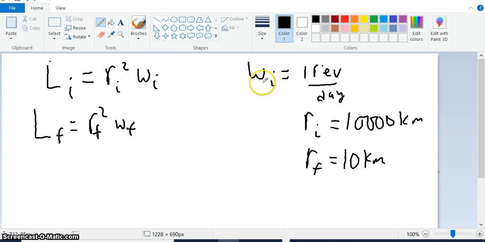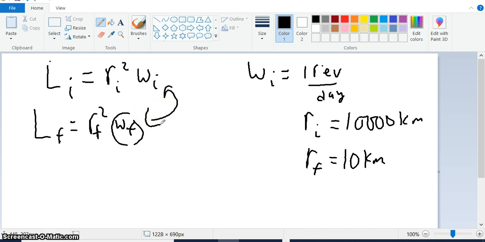They give us in the problem that the initial angular velocity is 1 revolution per day, and we're going from a size of 10,000 kilometers to 10 kilometers. Remember, this thing is collapsing in on itself, just like an ice skater pulling their arms in as they're rotating. They're going to start to spin faster, and our job is to figure out what omega final is.